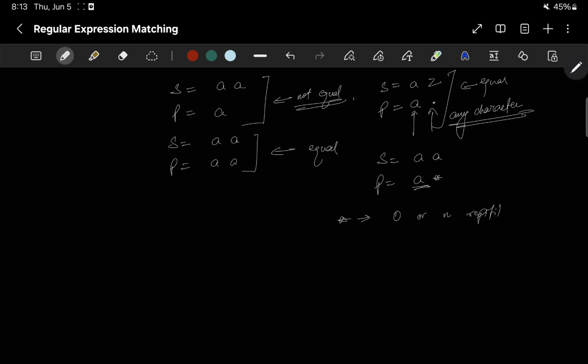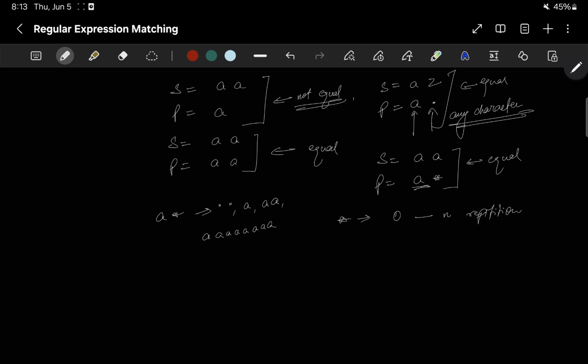Not 0 to n, there is no end to it, it can be anything. So A star matches nothing, the empty string. A star also matches A, A star also matches AA, just keep writing. This matches that.